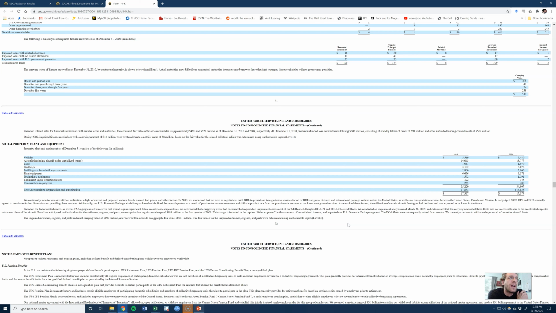In 2008, we announced we were in negotiations with DHL to provide air transport for DHL's international package delivery. They mutually agreed to terminate the discussions in 2009, so that thing fell apart. Their domestic package air delivery has declined for several quarters because of the crisis, presumably. So they're using less of their aircraft fleet.